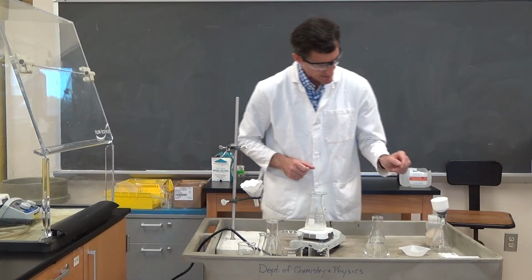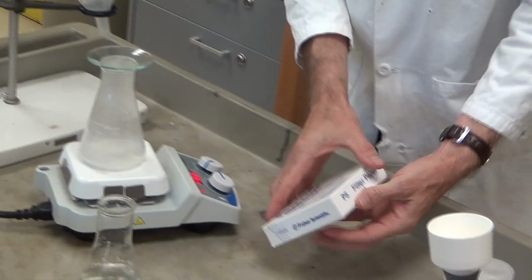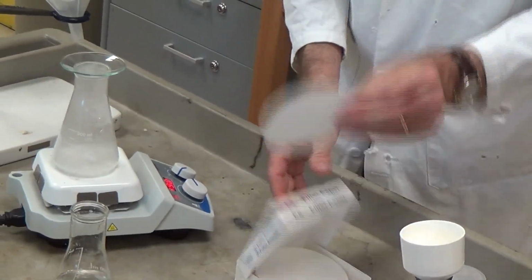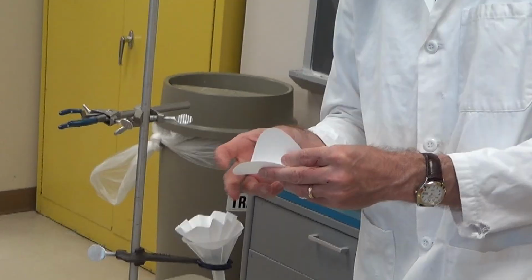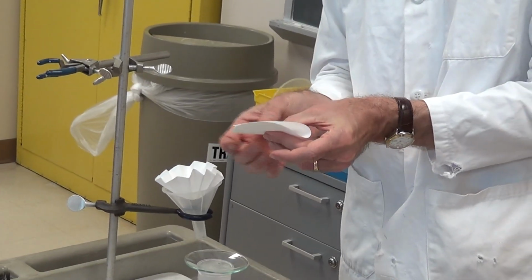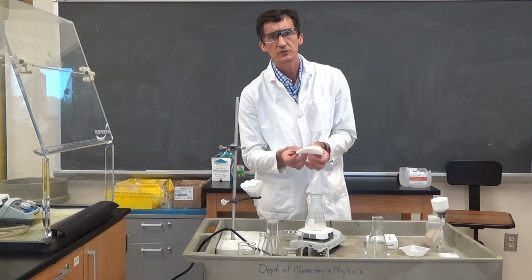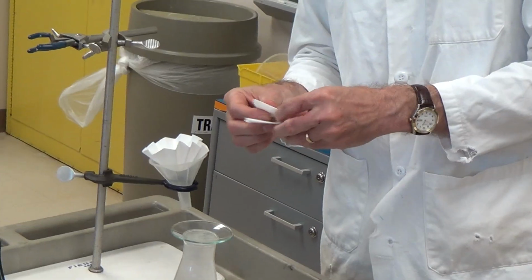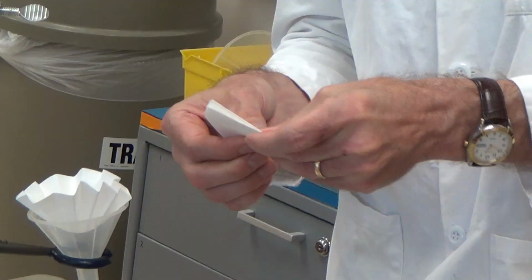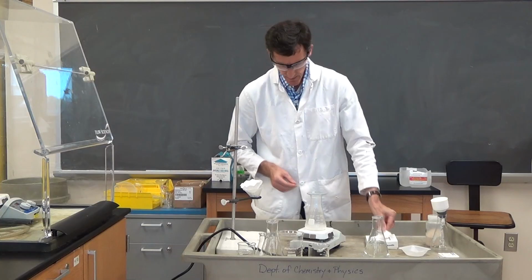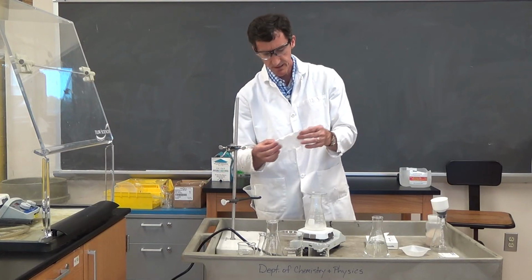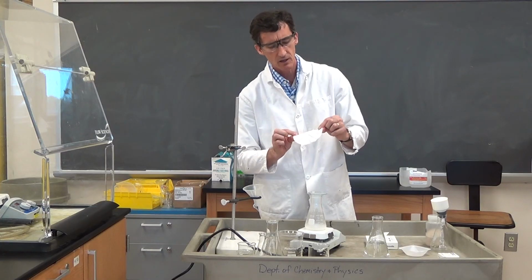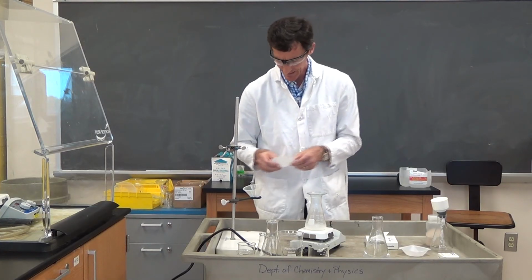In lab, you'll actually be using a flat circle, something like this, which you'll have to fold and flute yourself according to the instructions in your lab techniques book. I'll let you read about that. You can buy pre-fluted filter paper, but it will cost you about 10 times as much.